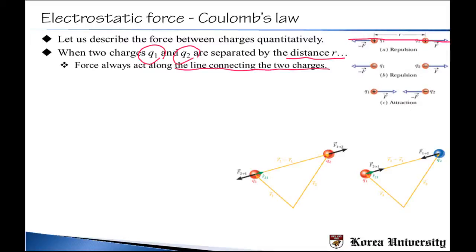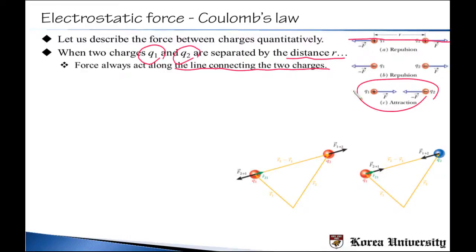Again, the forces are pointing along the same direction as in the first figure. Whether there are two positive charges or two negative charges, charges of the same sign will still repel each other.